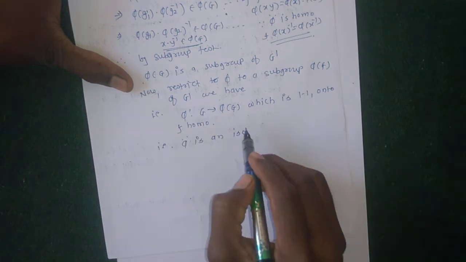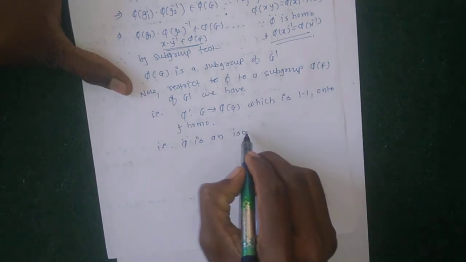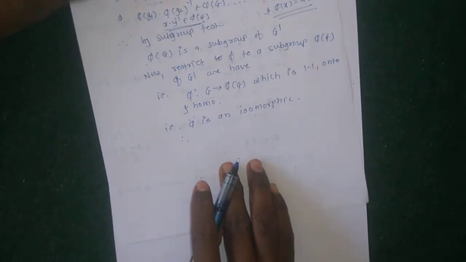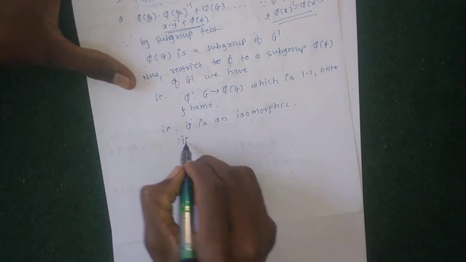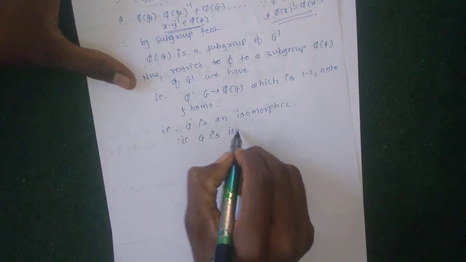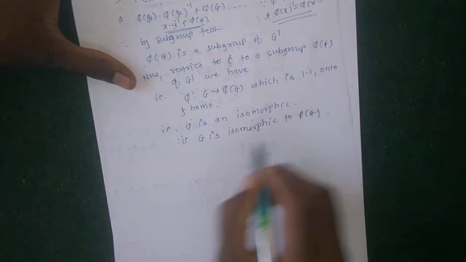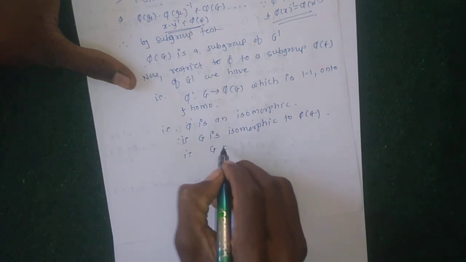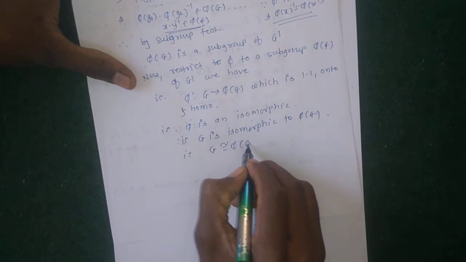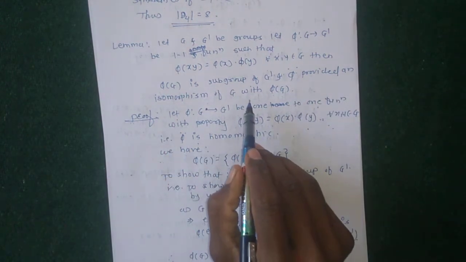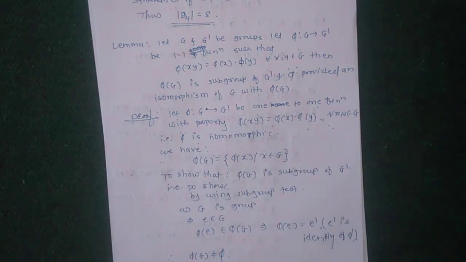Therefore G is isomorphic to phi of G. This is the proof of our theorem. This last part means phi provides an isomorphism from G to phi of G. So this is one theorem.